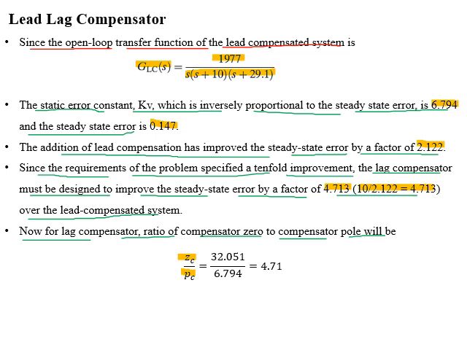The ratio of the compensator zero to the compensator pole is equal to the ratio of the static error constant of the required error to the static error constant of the lead compensated system, and this will be equal to 32.051 divided by 6.794, which is 4.71.